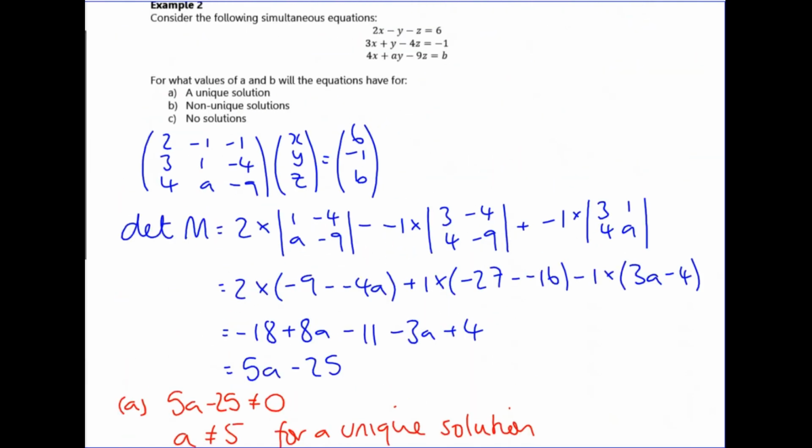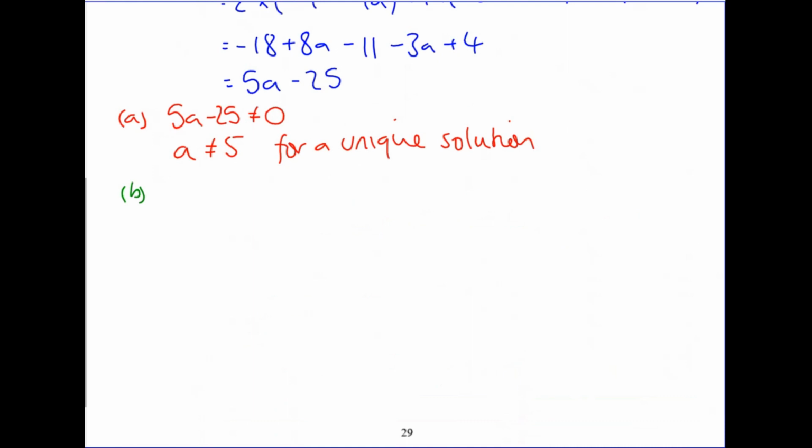Then for both non-unique and no solution, so non-unique means infinite, the determinant has to be 0. So both of these will be A equals 5.